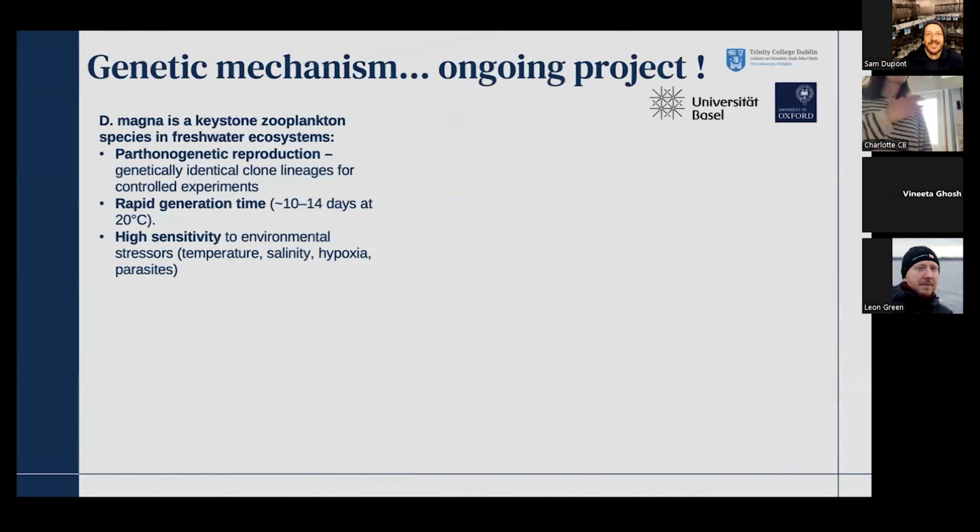So, as I said, I'm using Daphnia magna as a model organism. Of course, it's a perfect indicator of change because it's quite sensitive to environmental stressors. It has a really quick generation time, which allows us to do transgenerational experiments in the context of multiple stressors.